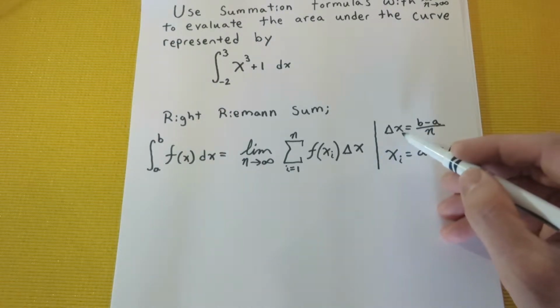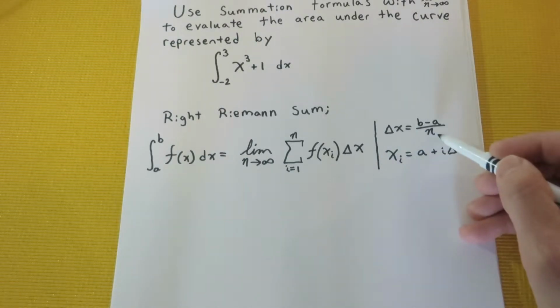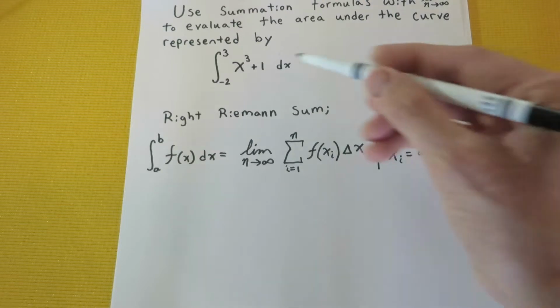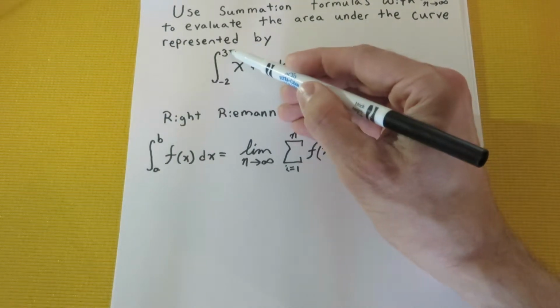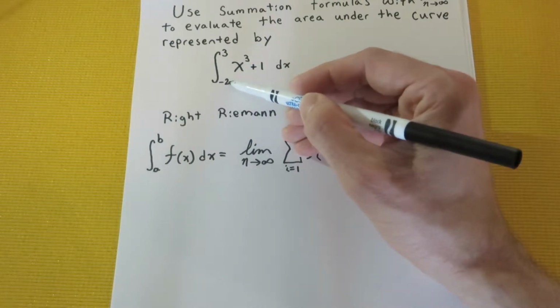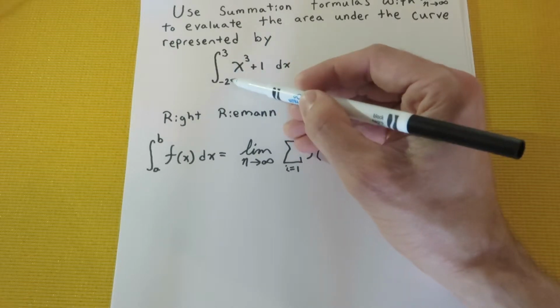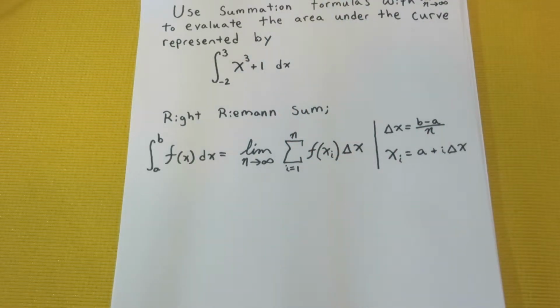Here our change in x is defined by b minus a over n. So our b minus a in this case is going to be 3 minus -2, or 3 plus 2. That's going to give us 5.